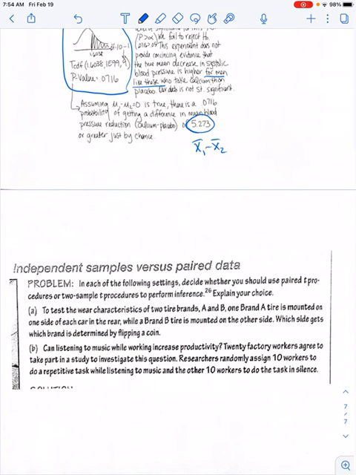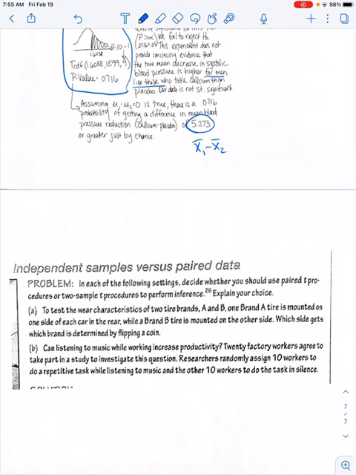Can listening to music while working increase productivity? 20 factory workers agreed to take part in a study to investigate this question. Researchers randomly assigned 10 workers to do a repetitive task while listening to music, and the other 10 workers to do a task in silence. So B, I think, is pretty obvious that it's a two sample.